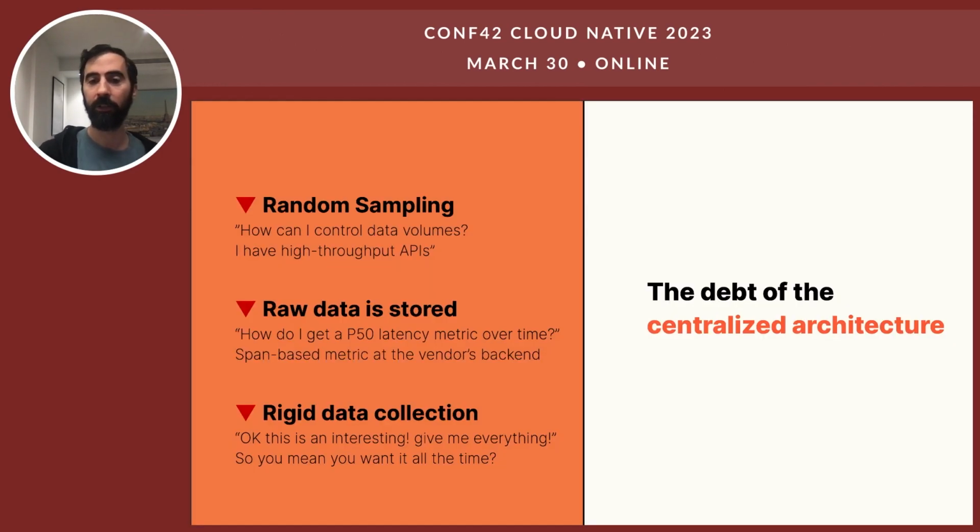Using centralized architectures definitely introduced a big debt in how we treat data volumes as part of our observability stack. One is that we have to use random sampling. People ask all the time, how can I control these huge data volumes? I have super high throughput APIs like Redis and Kafka flowing through my production environment. How am I expected to pay for all this storage?